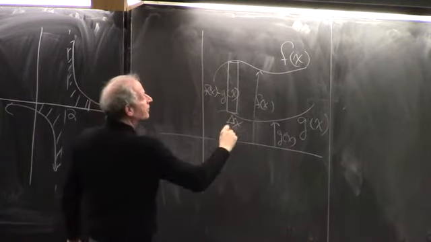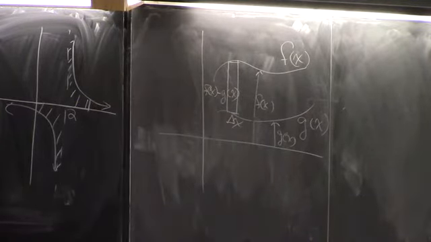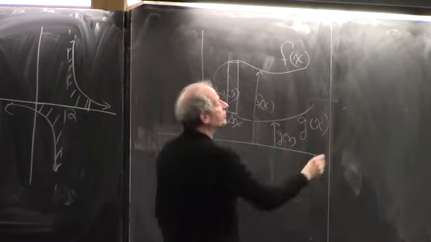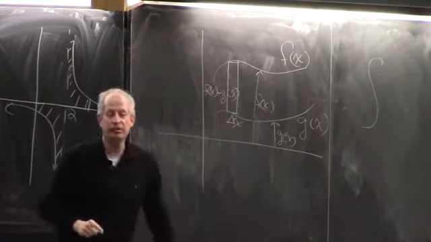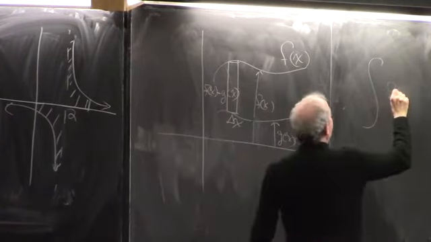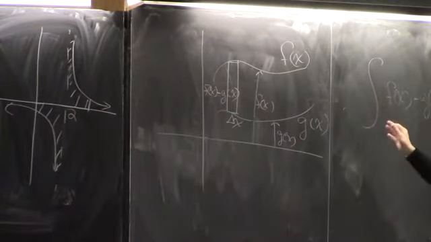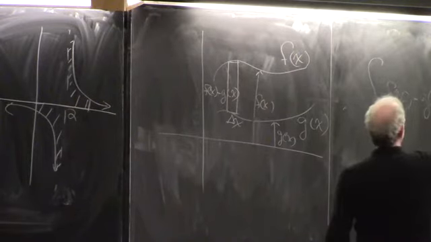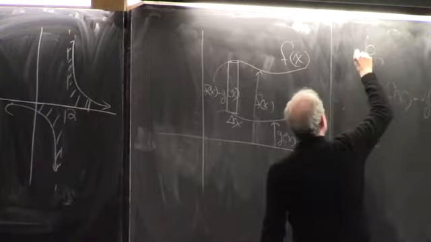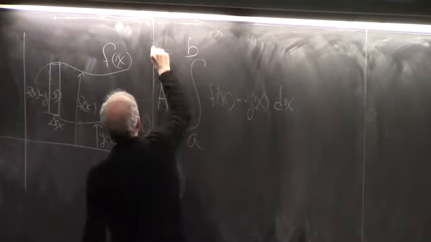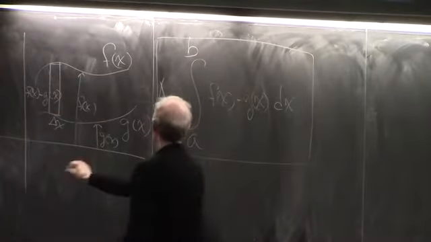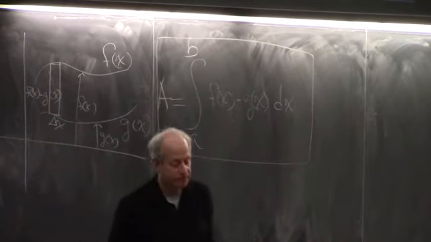And the width of that rectangle is delta x. The way you turn that into an integral is now you want to add all of them up. So you would do f of x minus g of x, and then take the limit as delta x gets closer and closer to 0, that becomes dx. You go from a to b, and that is the area between two curves.